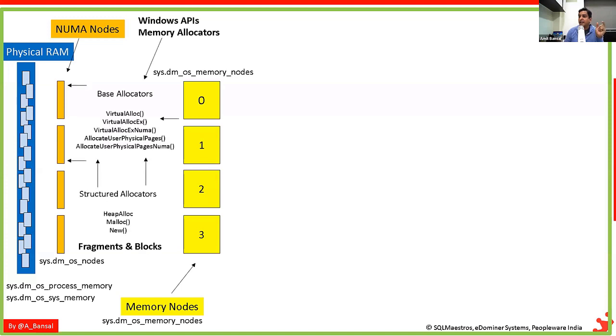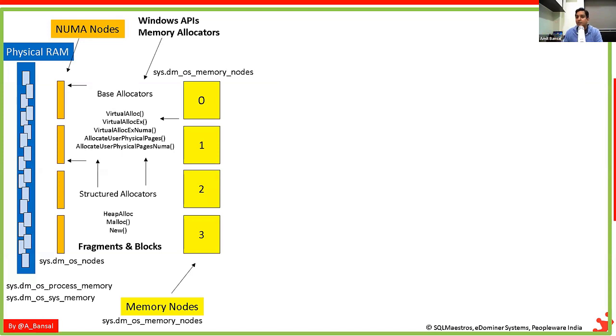That's important to note. Now, when SQL Server consumers, by which I mean the buffer pool, the plan cache or the query workspace, need memory, allocations are done via these nodes. They don't talk to Windows directly. And nodes in turn call the allocators, which we call memory allocators, via Windows APIs. There are base allocators and structured allocators. At the end of the day, these are all Win32 APIs, and depending on how the allocation is being asked for, whether in huge blocks or in fragments, the respective Win32 API is called.